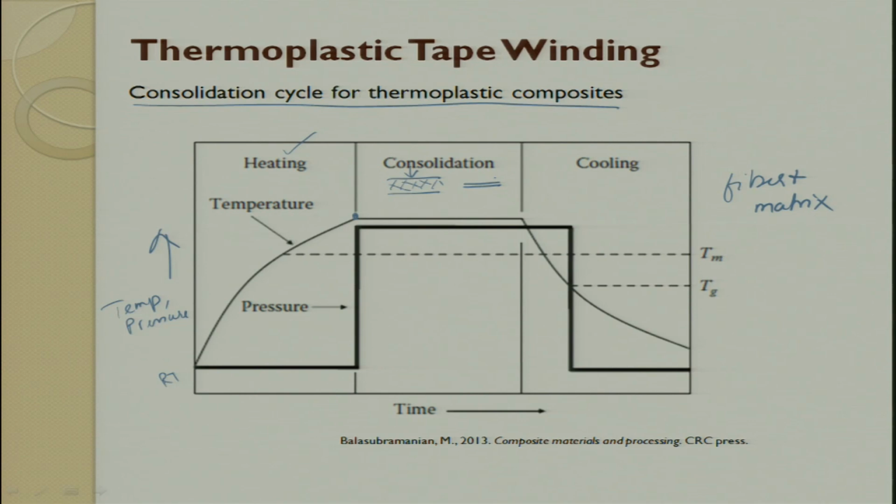If you have multiple layers, it is always good to have consolidation, and for this consolidation you try to maintain pressure and temperature. In the first stage, when it was heating, I was least bothered about the pressure. So, pressure at the first stage will be less, then the pressure for consolidation will be very high.